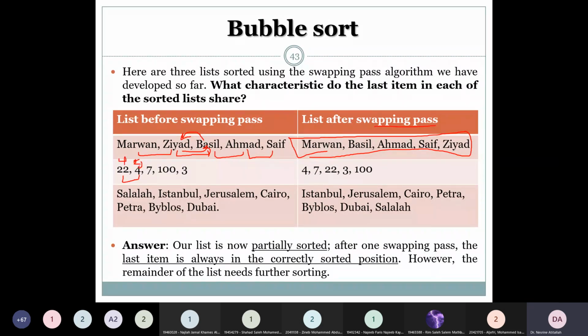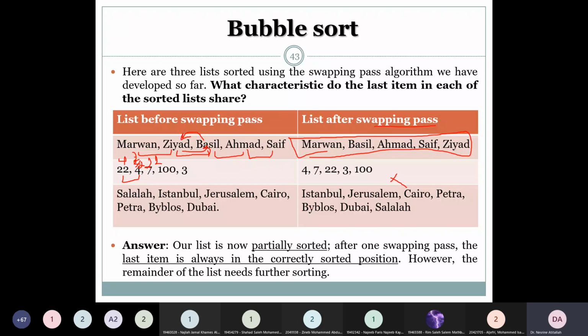I will compare 22 with 7, so I will have here 7, and here 22. 22 with 100, okay, 103. So I will have 3. So 4, 7, 22, 3, and 100. So it is not a good order. Okay, it is partially ordered. It is the same thing for this list. So our list here is now partially ordered after one swapping pass.